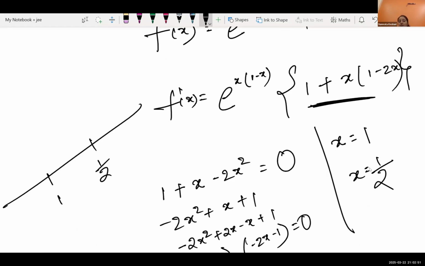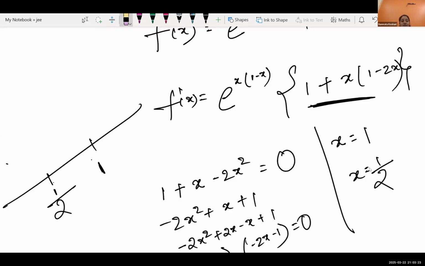So towards the left of 1, if you take 0, we are going to get a positive result, right? So here it is increasing. Wait, it was not negative 1 by 2, it was just half, and it was 1.